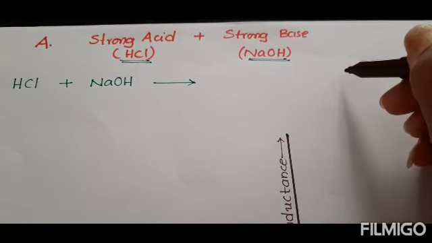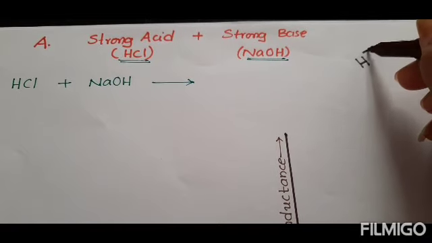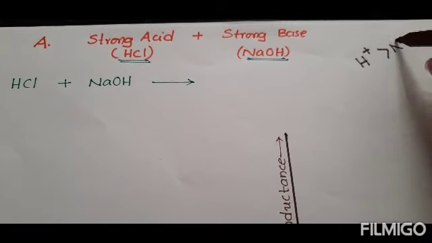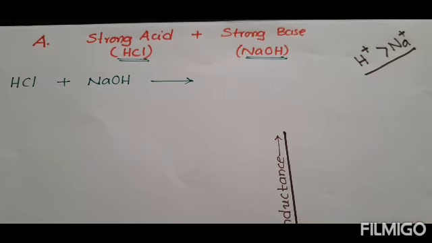Here conductance is due to the ions. You have to remember H plus ion mobility is greater than Na plus. This is the key point for this conductometric titration. H plus has a small size, Na plus has a large size.